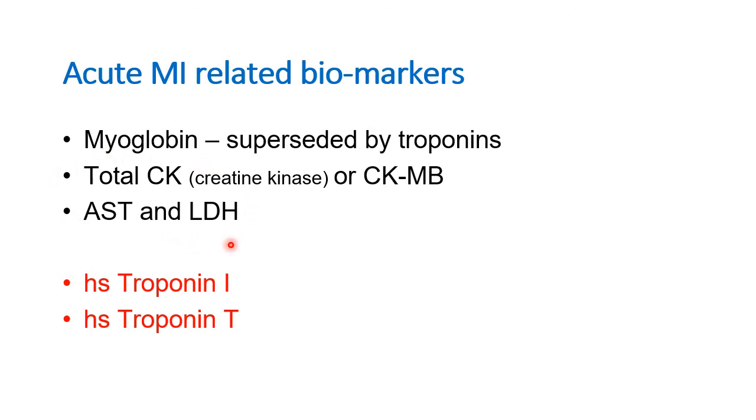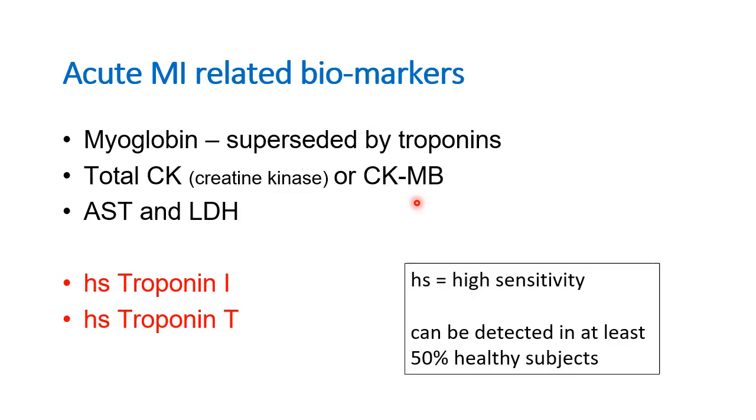None of these markers, however, are completely specific for cardiac muscle, and even CKMB is now no longer supported by guidelines. So we use troponins, and in particular high sensitivity troponins, which indicates that they can be detected in at least 50% of healthy subjects.